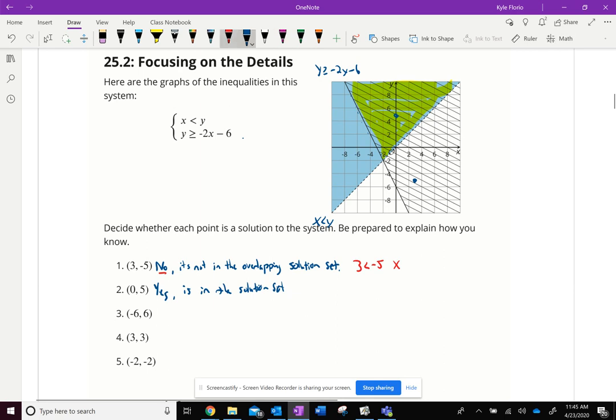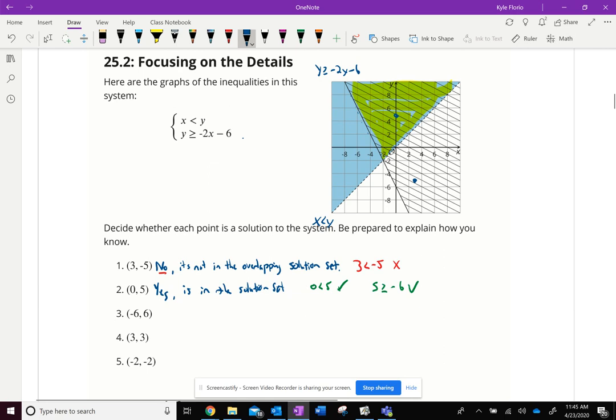Let's see. 0 is less than 5. And if I plug into the second one, if y is 5, is it greater than or equal to negative 2 times 0 minus 6? Negative 2 times 0 is 0, and 0 minus 6 is negative 6. Is 5 greater than or equal to negative 6? It sure is. So it works for both inequalities, and you can also see it with the graph. So there are two different ways of justifying that.